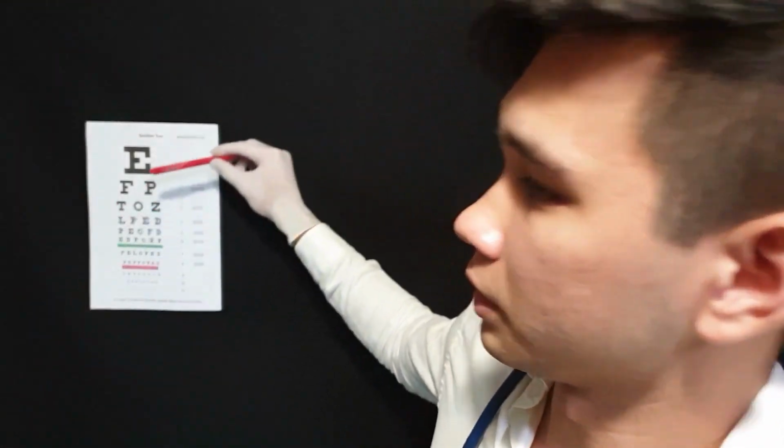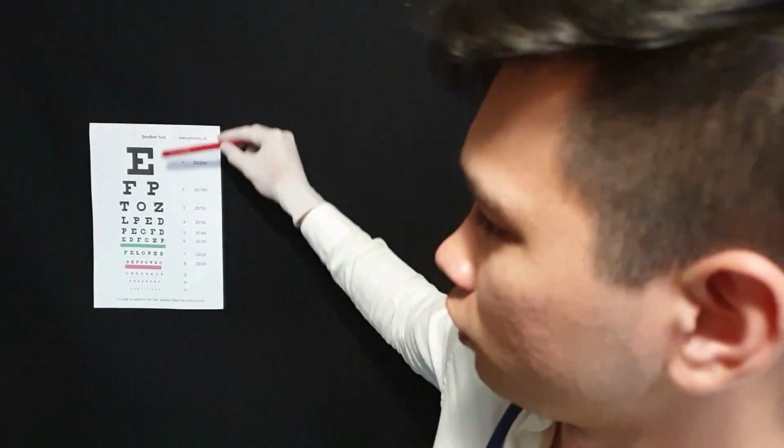Now, do you normally wear any corrective lenses or glasses or spectacles? Anything of the sort? Okay, well, let's see how we go then with a little bit of an eye test using our best friend, our Snellen chart. Snellen chart, yes. Let's see now.